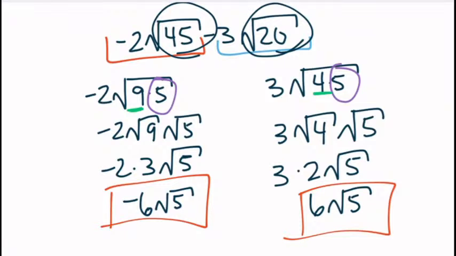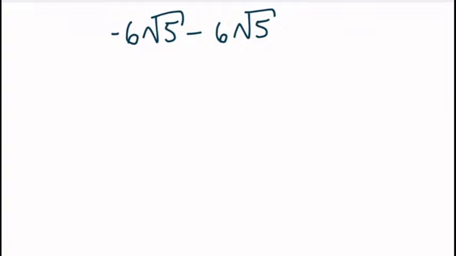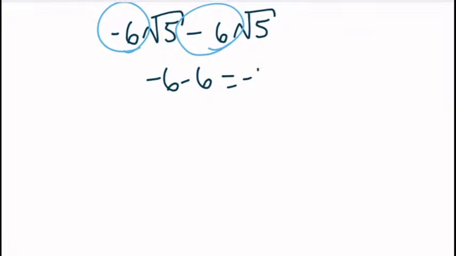The operation in the beginning was subtraction, so we're going to do negative 6 radical 5 minus 6 radical 5. This should be pretty easy to do at first glance. We look at the coefficients. Negative 6 minus 6 is equal to negative 12. So the final answer we get is negative 12 radical 5.